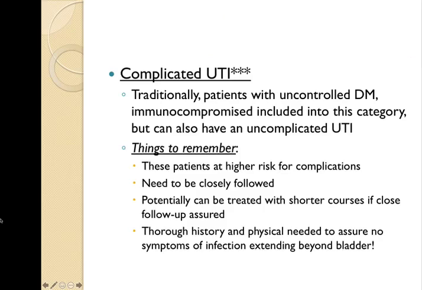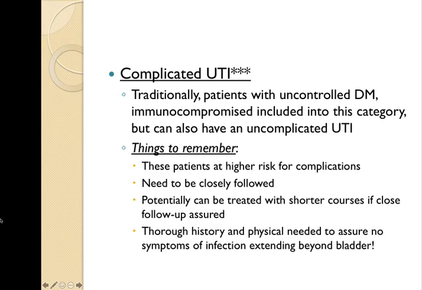I think there is not enough very strong data, but traditionally we say that the patients that are male, have comorbidities, should be categorized into complicated UTI, but some of those patients, for sure, can have uncomplicated UTI, and the question becomes, is there a patient that I can identify that potentially would benefit from a shorter duration of therapy, rather than being given the 7 days.